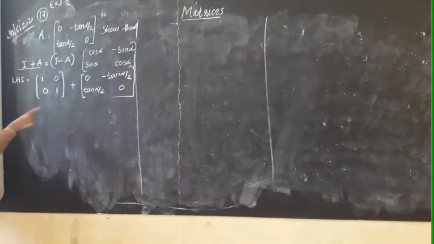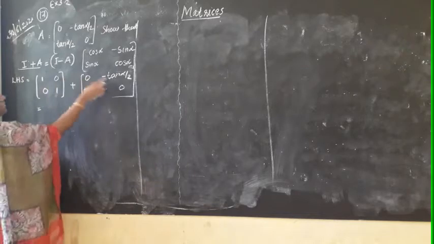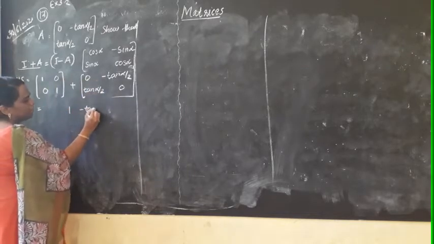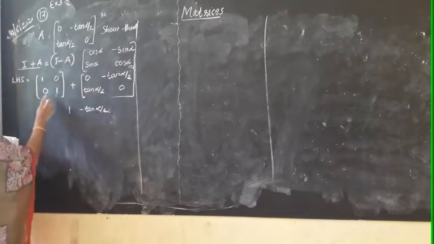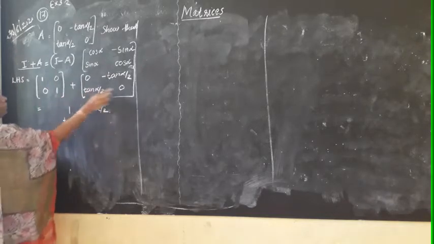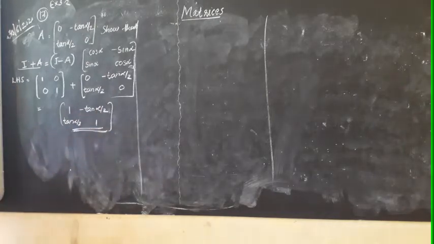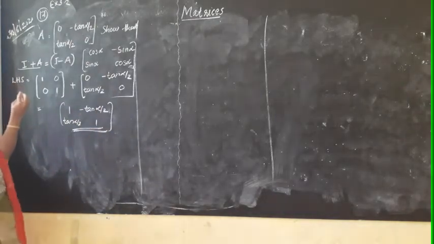Okay, this is our LHS. We can add this: 0 plus 1, 1, 0, minus tan alpha by 2, minus tan alpha by 2, then tan alpha by 2 plus 1. This is our LHS.